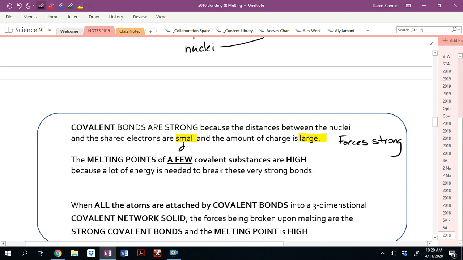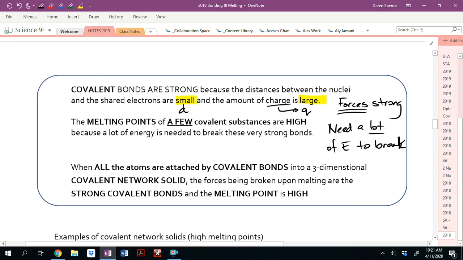So the distance is small and the charge, remember charge can be represented by Q, is large, and so the forces are strong. And if the forces are strong, you need a lot of energy to break them. And if you need a lot of energy, that means that your melting point temperature is going to be high.